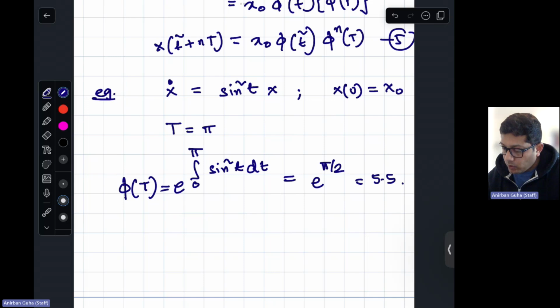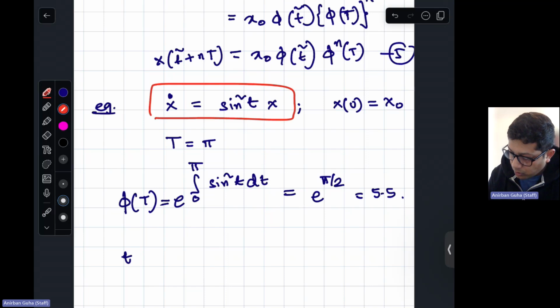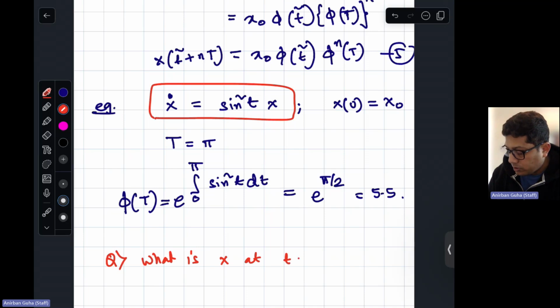The next thing we want to do is see what you want to know. The question is, what is x at t equals 20.5 pi?